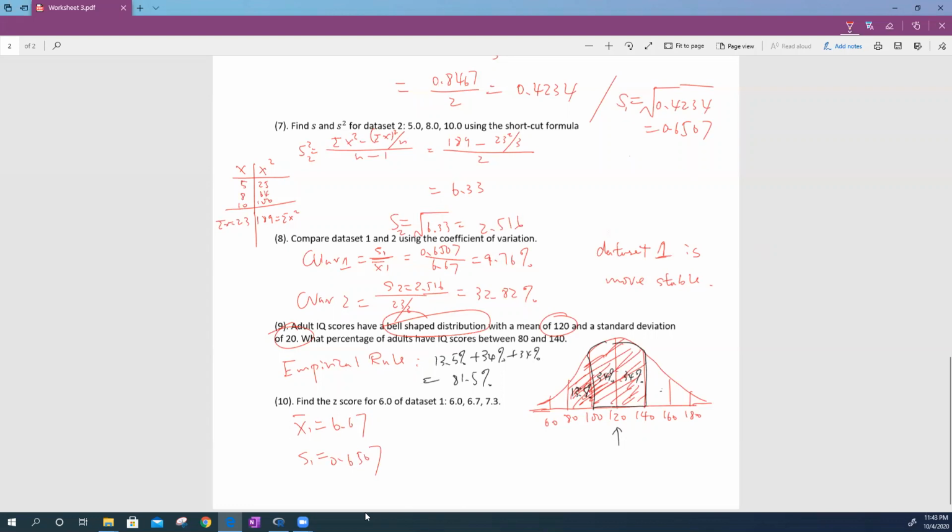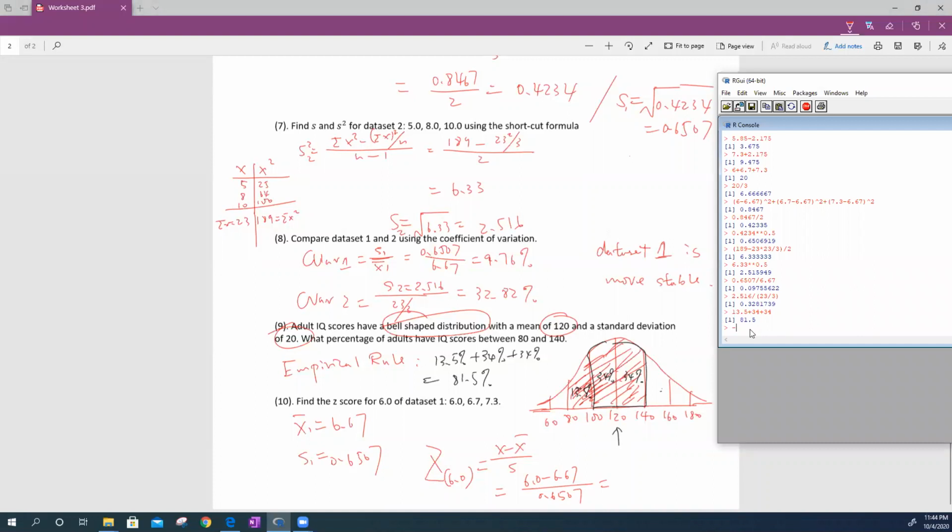So relative standing, so 6 compared to the mean, that is how many standard deviations away. So we say z of this 6.0 is x minus x bar over standard deviation, and that is 6.0 minus x bar, 6.67, divided by the standard deviation.